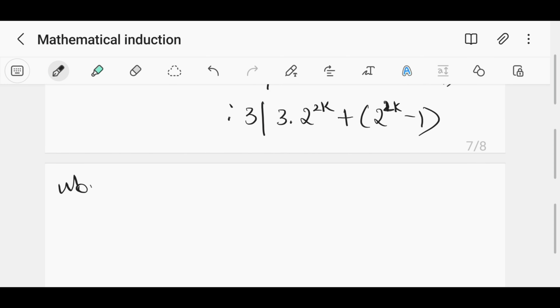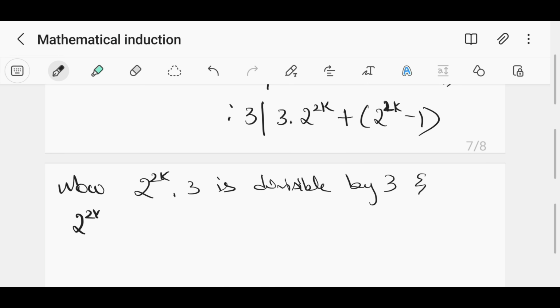So now you can say that 2 to the power 2k into 3 is divisible by 3 and 2 to the power 2k minus 1 is also divisible by 3.